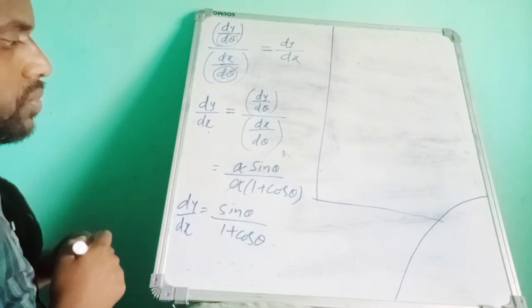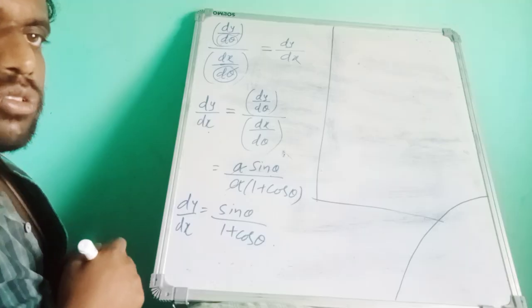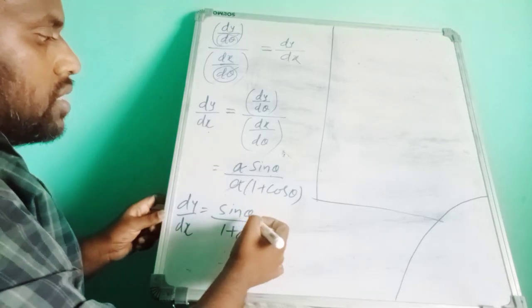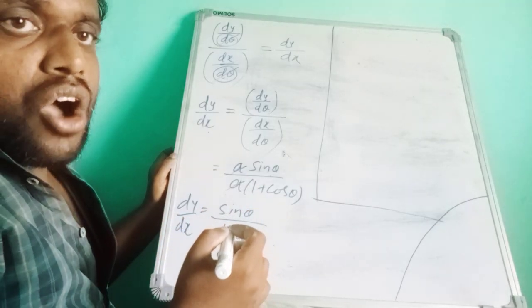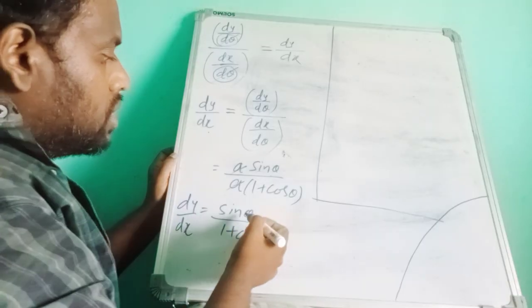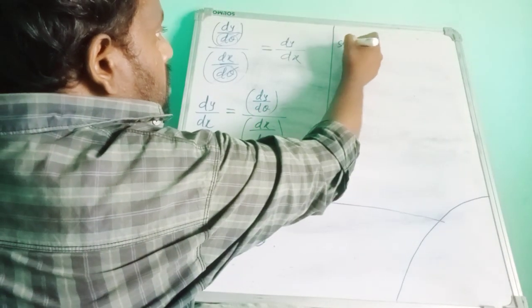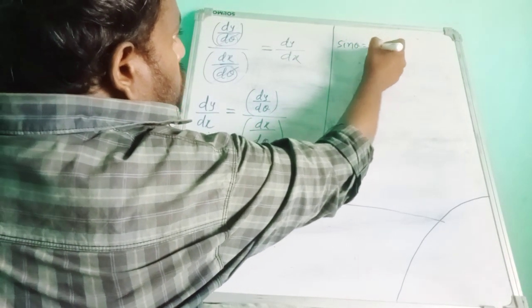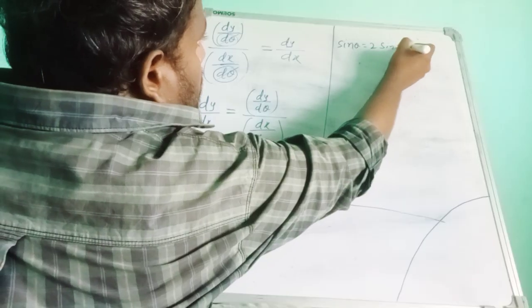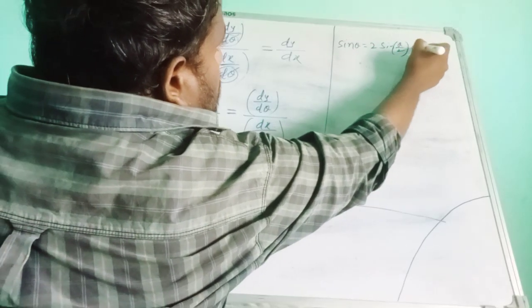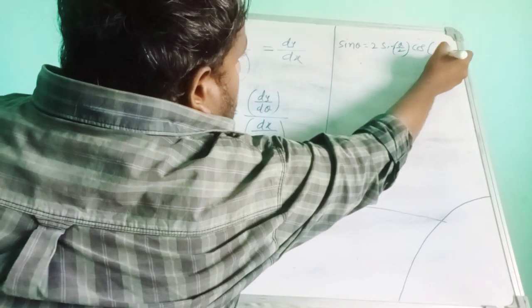Now we will use the half angle formulas. Half angle formula for sin theta: sin theta is equal to 2 sin theta by 2 cos theta by 2.